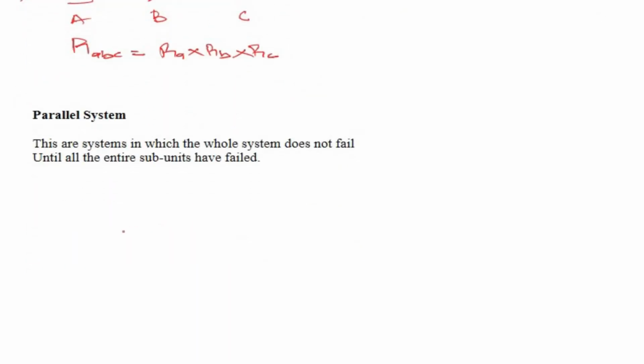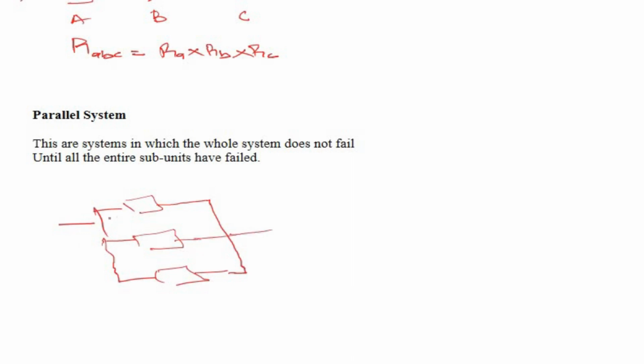If you're having three components connected in parallel to make up a particular system, let's call them component A, component B, and component C. This is our input and this is the output.